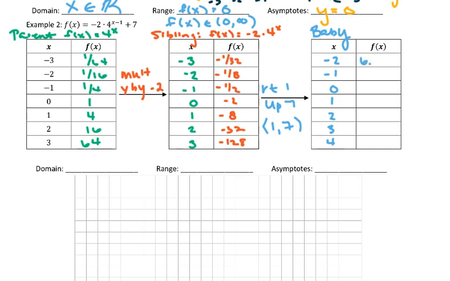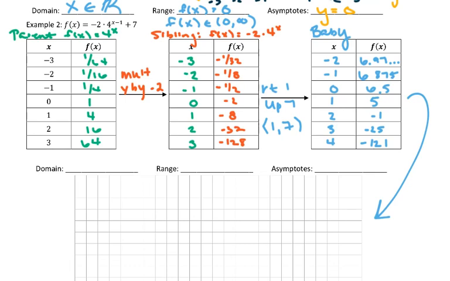And if you want to use a calculator, that's fine, because the decimals might be a little bit easier for you to graph. And that's what we're actually going to graph, is that function there.